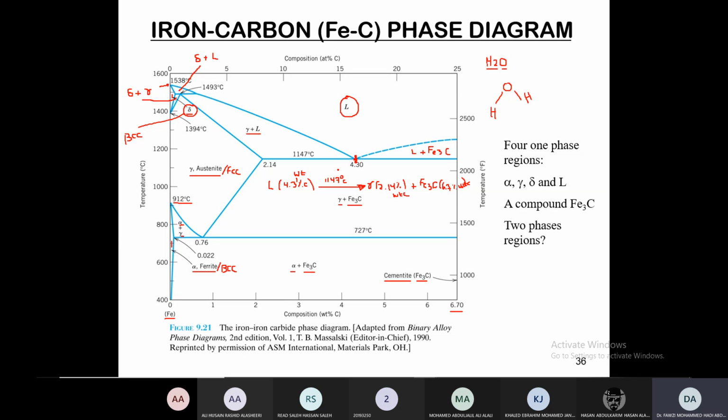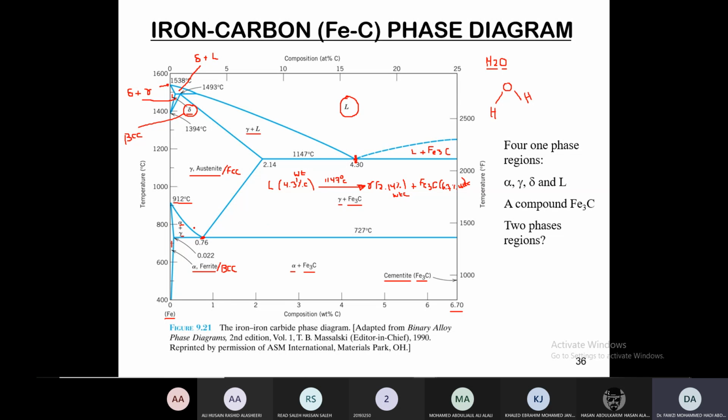Another point which is important also is this point, and that point is very similar to the eutectic point, but here it happens at a much lower temperature and a different composition. The transformation occurs from a solid to two solids here. Here it was from liquid to two solids.